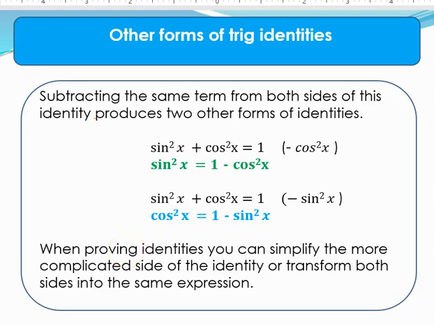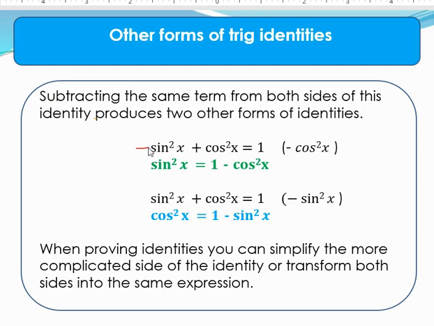Now there are other forms of trig identities that are created from just subtracting from the original trig identity. So here's your original trig identity right here: sine squared x plus cosine squared x equals 1.